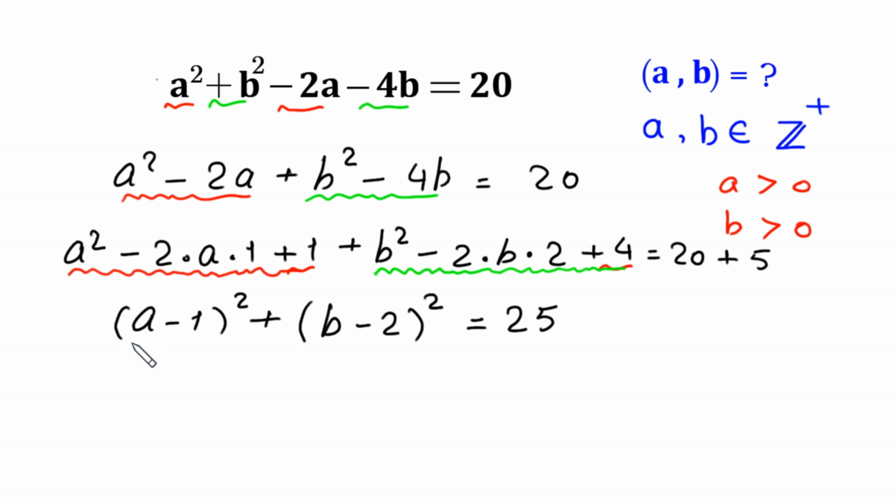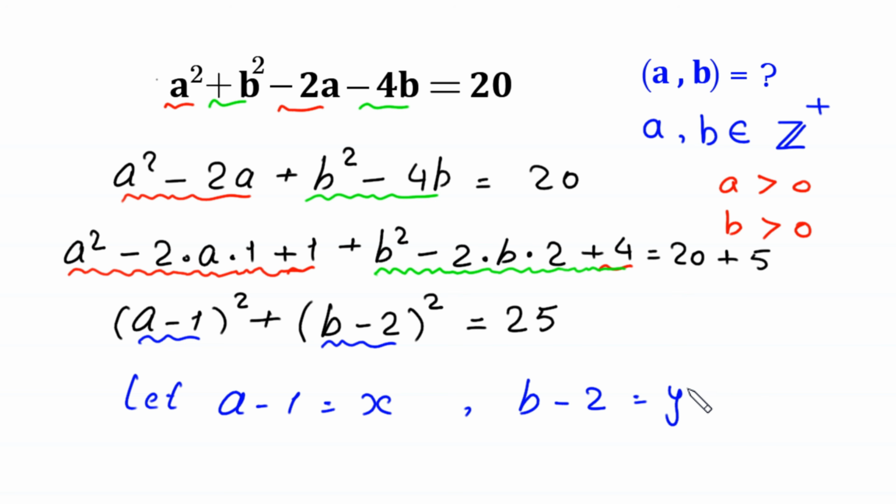Now we suppose that this a minus 1 is equal to x and this b minus 2 is equal to y. Let a minus 1 is equal to x and b minus 2 is equal to y. And we substitute x and y in this equation, then this equation will become x squared plus y squared is equal to 25.